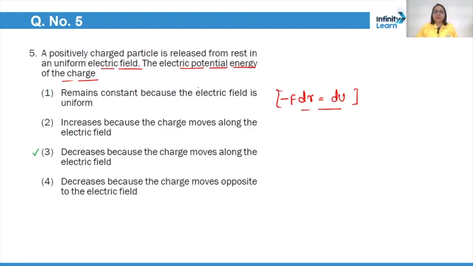So if the particle is moving along the electric field, then force and dr will be in the same direction. So potential energy of the particle will decrease, right? So potential energy of the positively charged particle decreases because the charge moves along the electric field, because force vector and E vector will be parallel, as it is a positively charged particle. So correct answer will be option 3.